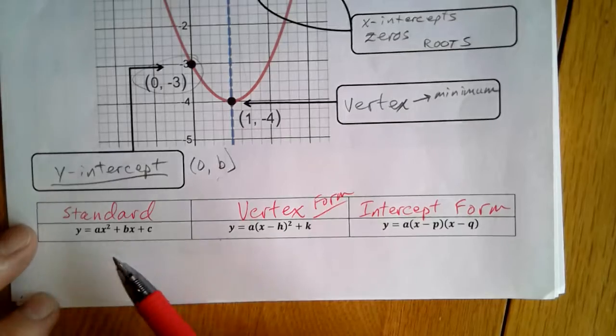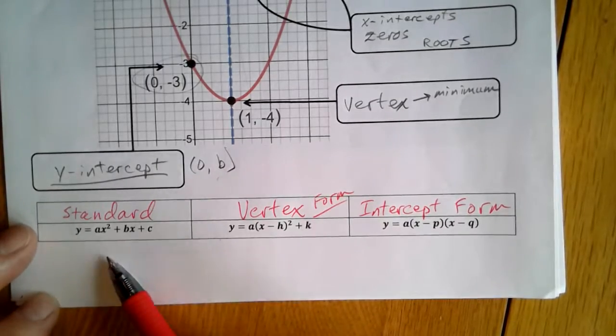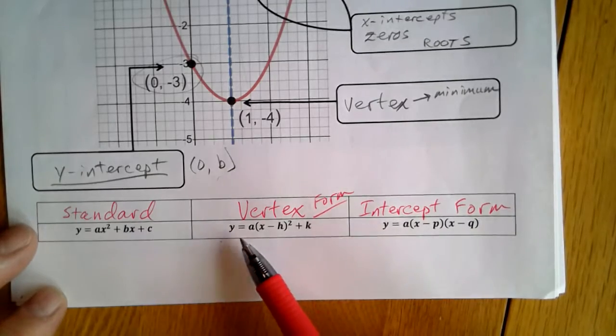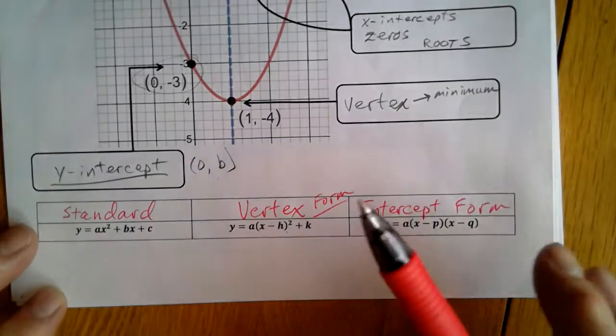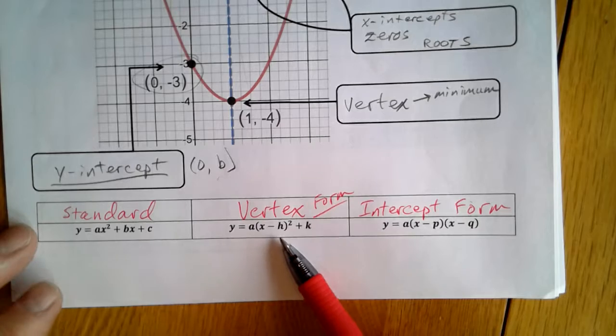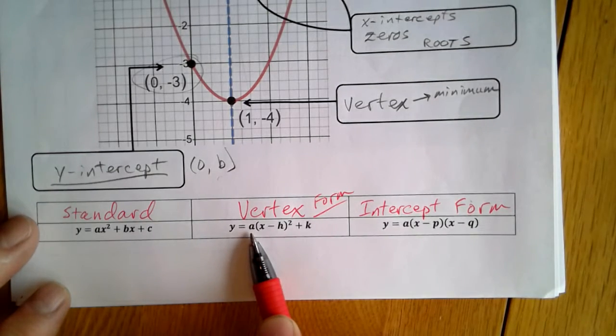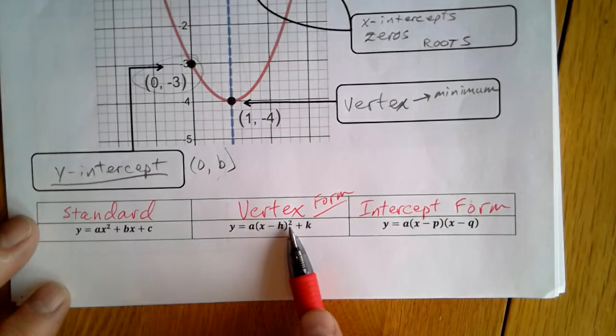This is vertex form, and if you remember, we learned how to complete the square to write it in vertex form. And A again tells me whether it opens up or down, x minus h, quantity squared, plus k. hk is my vertex.